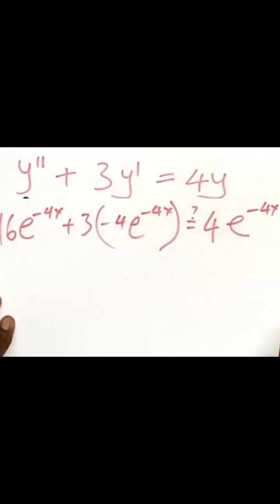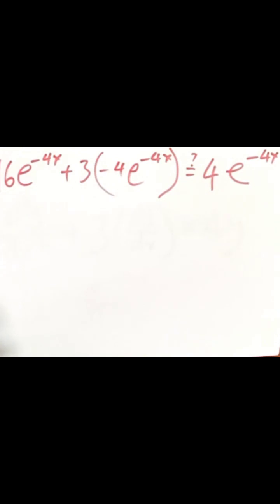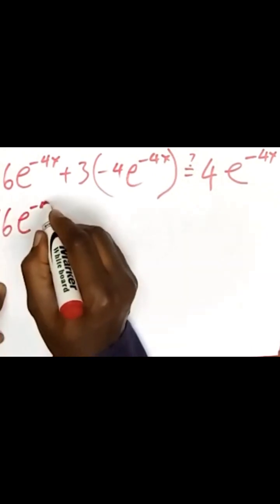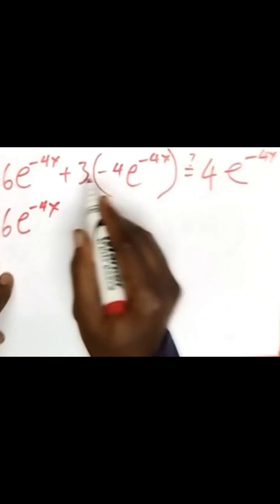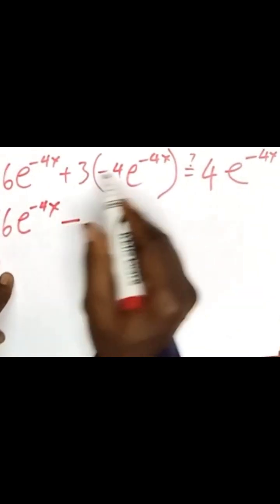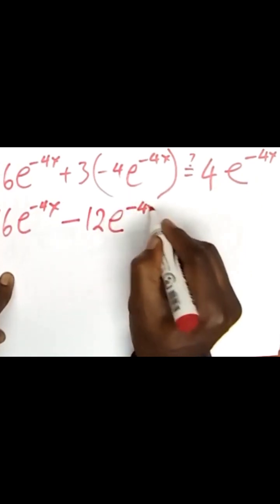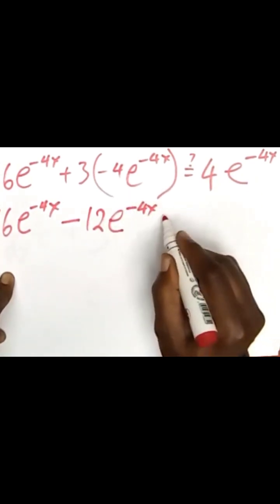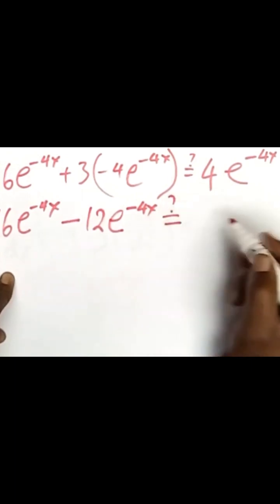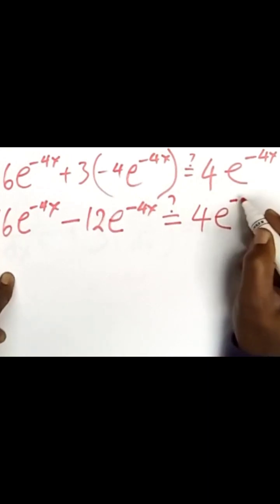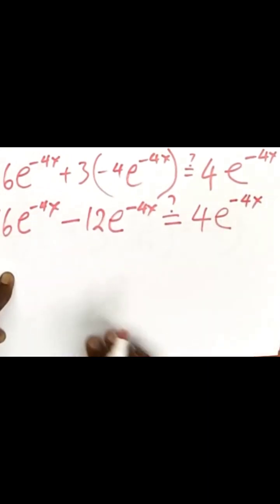Recall that y we were given initially is e raised to power minus 4x. So from here we just rearrange. 16 e raised to power minus 4x plus, and plus and minus will give us a minus, 3 times 4 will give us 12 e raised to power minus 4x. And the question is, is this equal to e raised to power minus 4x?